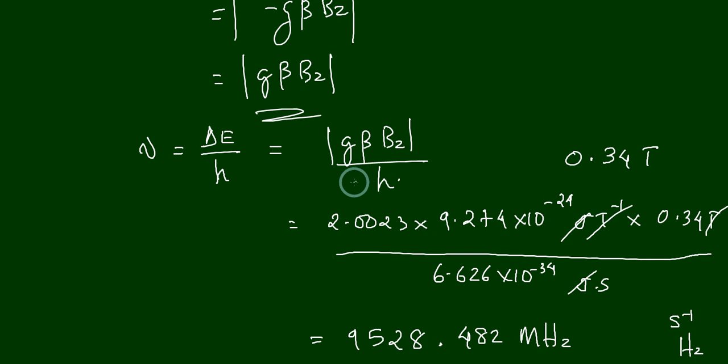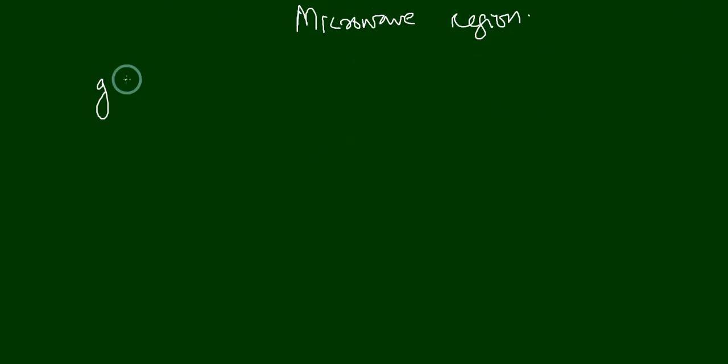Therefore, g is equal to ΔE by β B0. We can write g is equal to ΔE divided by β Bz, that is equal to hν divided by β Bz.